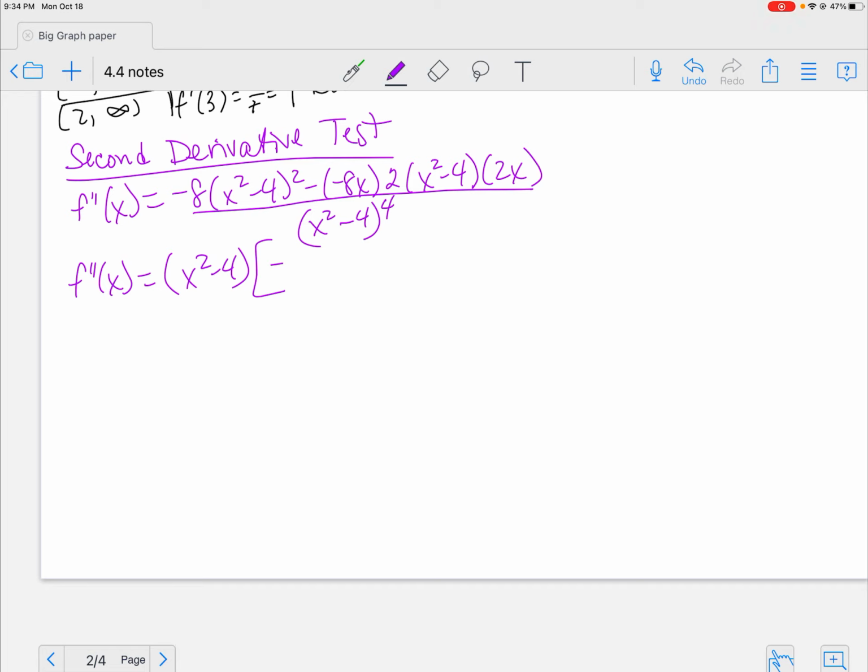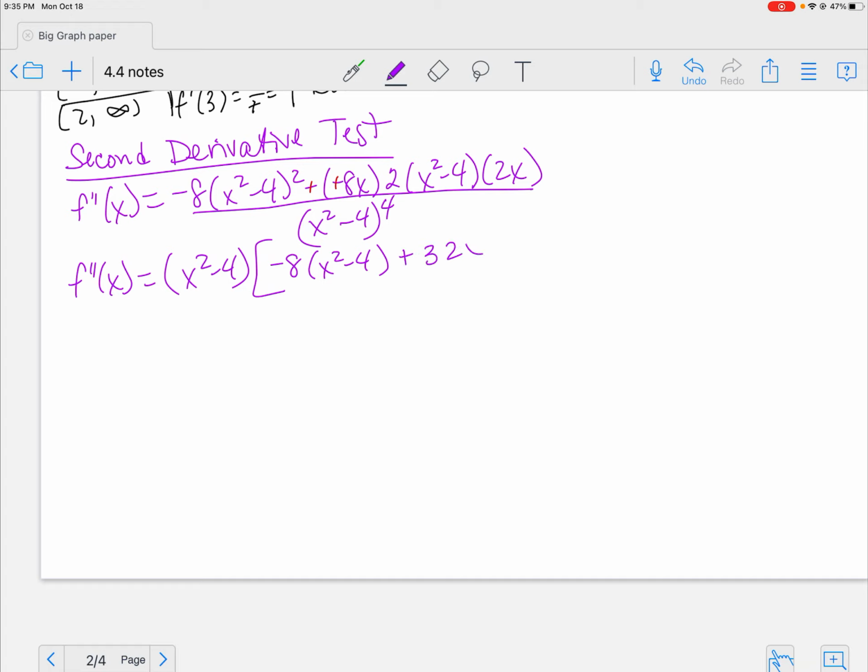And that leaves me with a negative 8 times an x squared minus 4, because I only factor 1 out. Here, I'm going to multiply those negatives together so I don't have to think about them. This x squared minus 4 factors out, but I've got 8 times 2 times 2x. So that's going to be what?